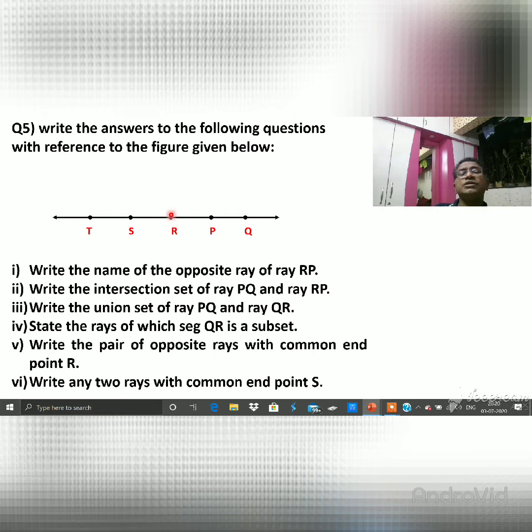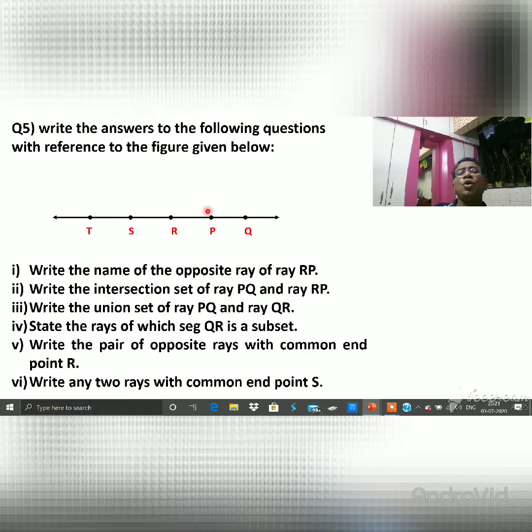So see, this is the ray RP. R is the starting point, and here is RP. It can be increased so many times. So this ray RP can pass over ray PQ also. So whatever be the intersection of ray PQ and ray RP, that can be easily found out.